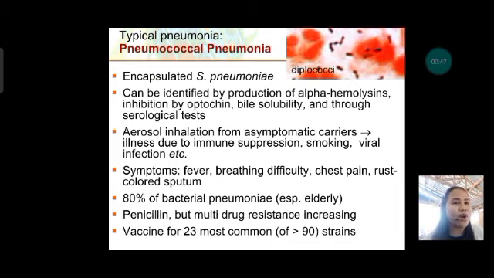The symptoms of pneumococcal pneumonia are fever, breathing difficulty, chest pain, and rust-colored sputum. 80% of bacterial pneumonia is the typical pneumonia called pneumococcal pneumonia, especially in the elderly. The treatment is penicillin, but multi-drug resistance is increasing, and there is a vaccine for the 23 most common strains.